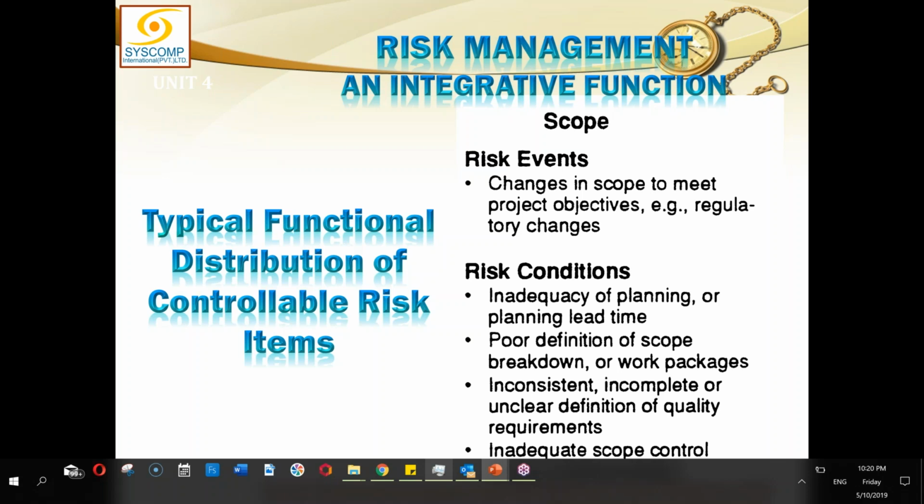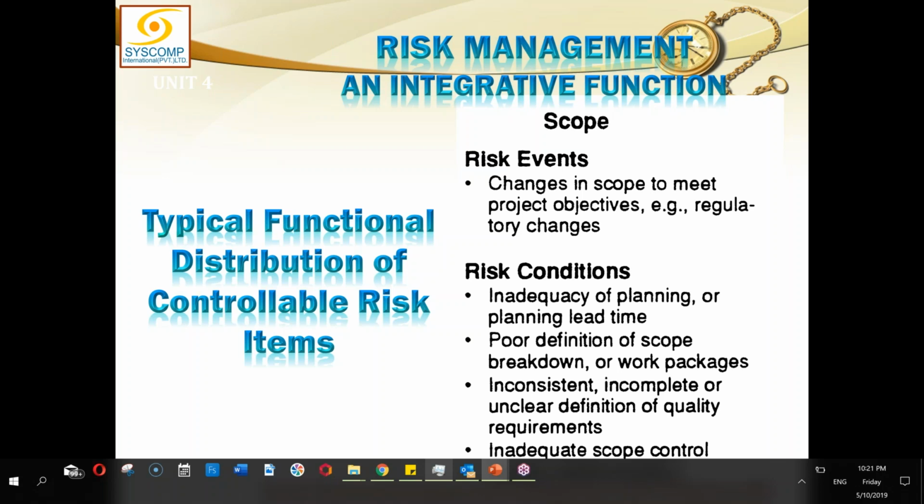So there must be a mechanism so that the scope cannot creep. Scope creep is those changes which occur without any change control mechanism. So if you do not have a change control mechanism, then ultimately your scope will creep. So from the scope side, we will have so many problems.